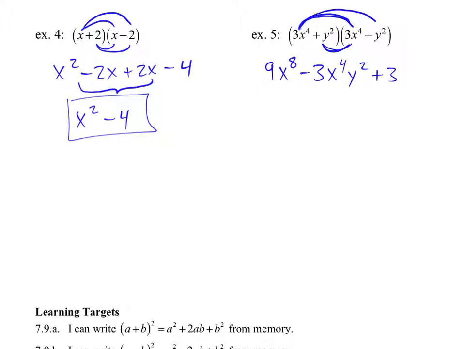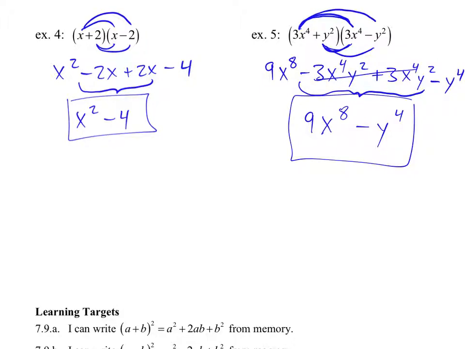So we get a positive 3x to the 4th y squared. And then last but not least, positive y squared times a negative y squared gives me minus y to the 4th. And just like some of us predicted, the outside and inside just cancel. So we're left with 9x to the 8th minus y to the 4th.